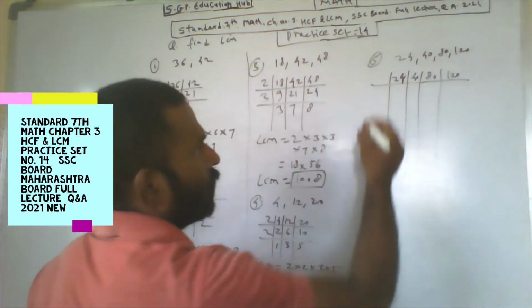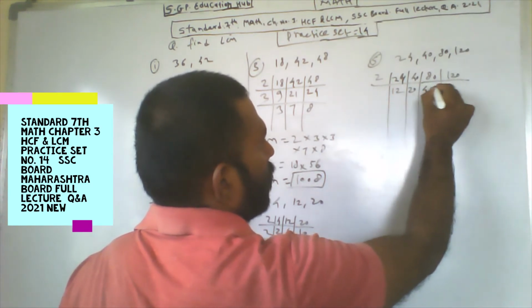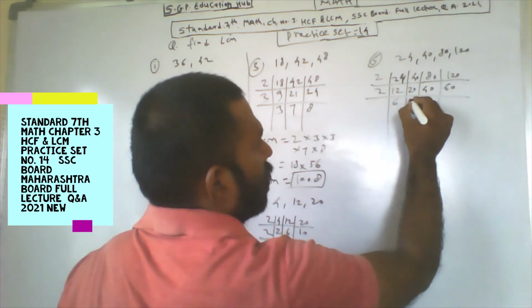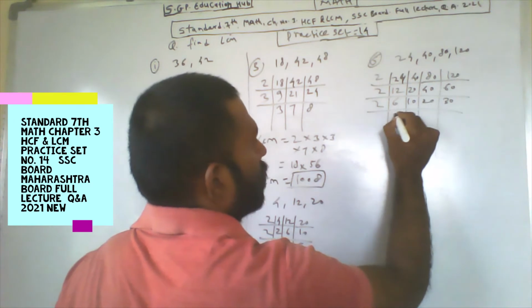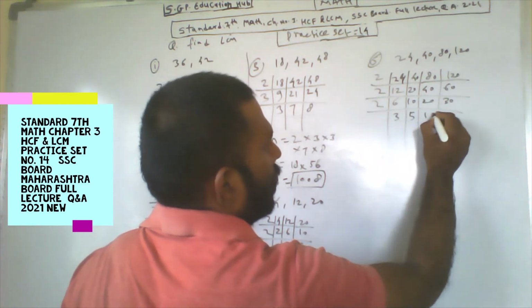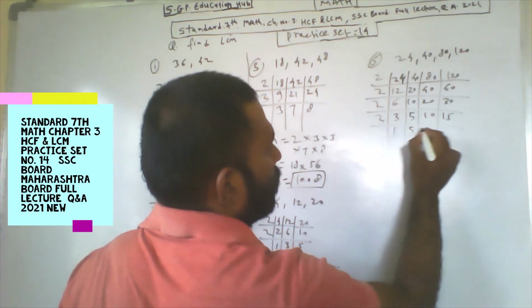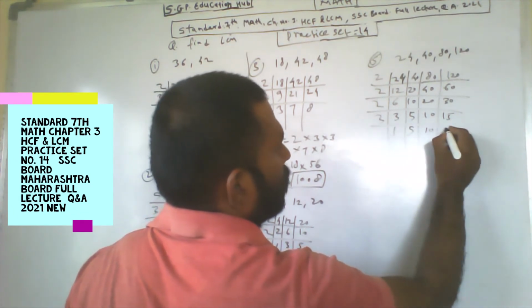So start with 2: 2 12s are 24, 2 20s are 40, 40 and 60. Now with 2 also: 12, 20, 20, 30. With 2: 6, 10, 10 and 15. Now with 3: 5 remains, 10 remains, and 3 5s are 15.